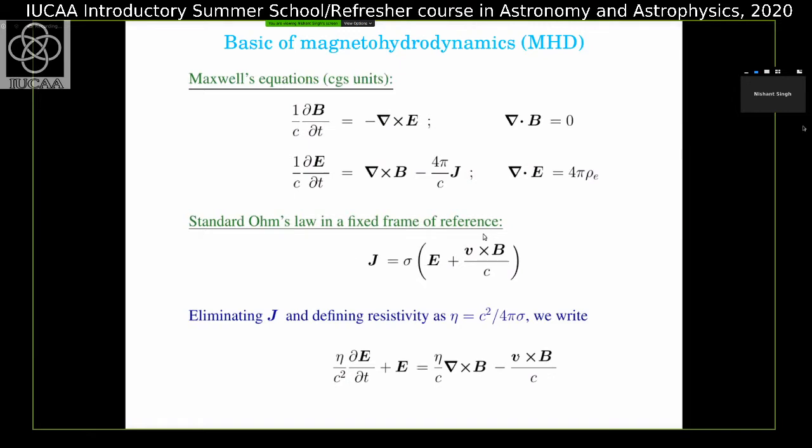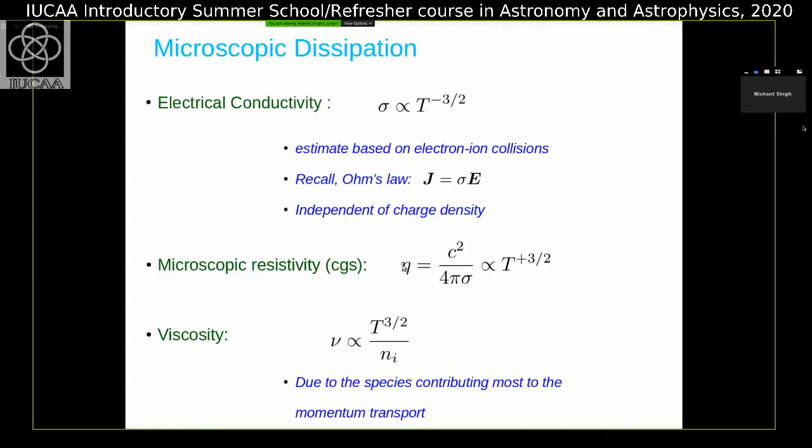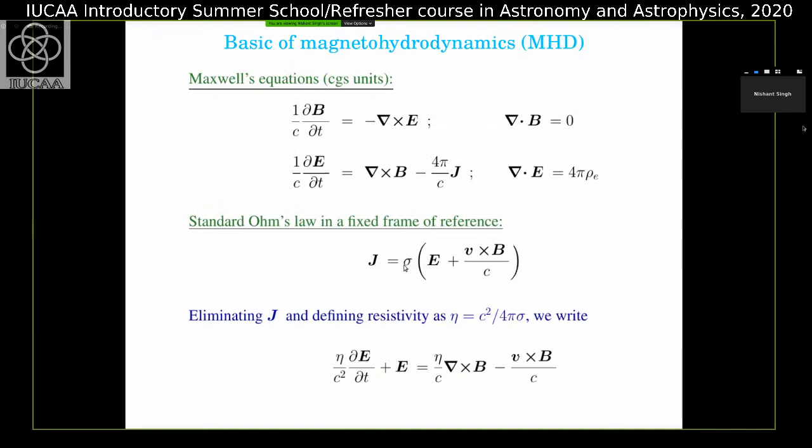You can go to a fixed frame of reference and write down your Ohm's law, and it turns out that this is again a proportionality constant sigma, exactly the same thing as we saw before. J is sigma times (E plus v cross B by c).